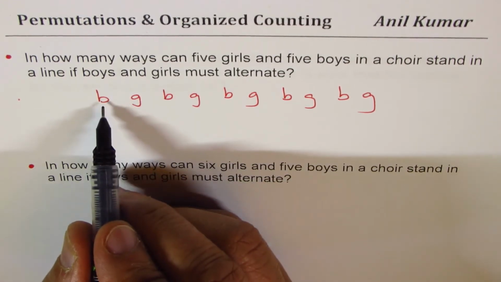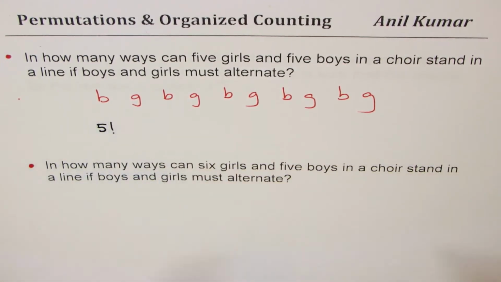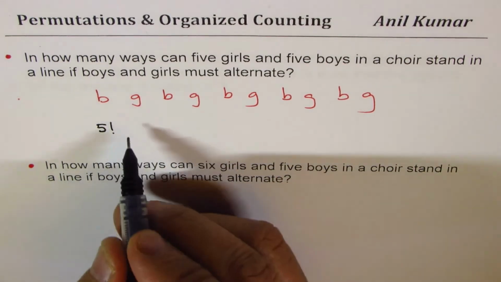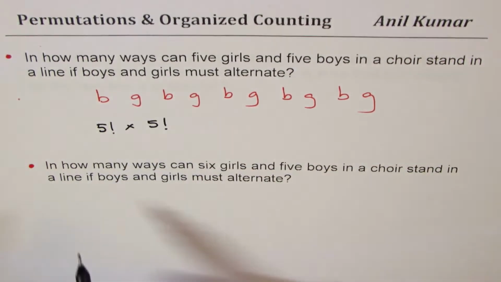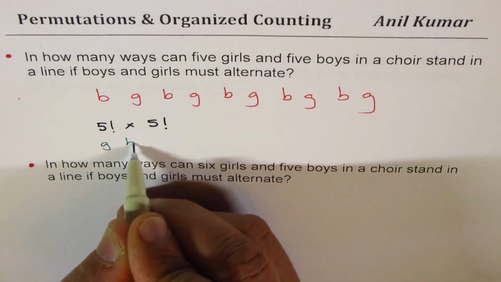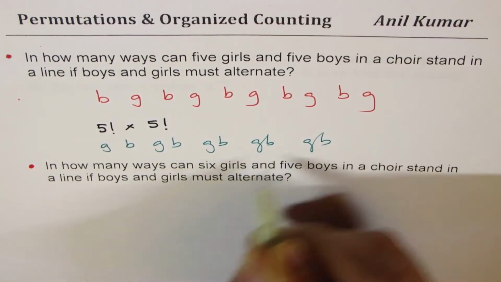So the combination for boys are how many? 5 factorial, right? So 5 factorial is the number of ways in which boys can be arranged, times girls could be arranged in 5 factorial ways. But you could have girls first, correct? You could have a combination in which the girls may come first, right? So that is to say that I could write this as girl boy, girl boy, girl boy, girl boy, and girl boy, correct?